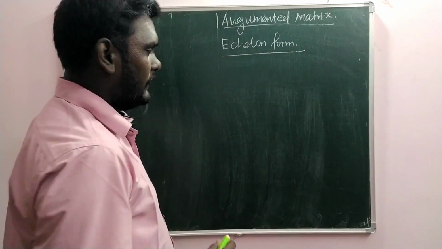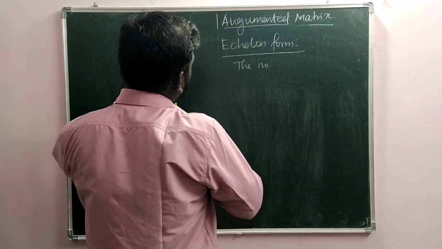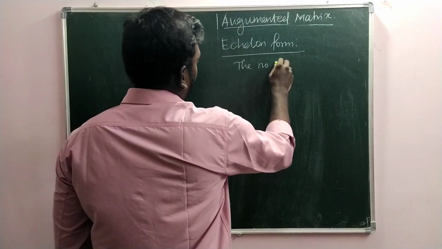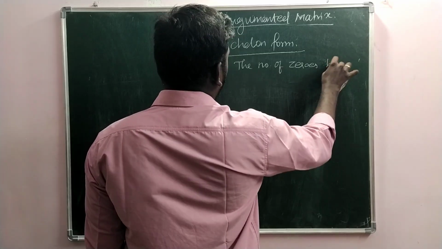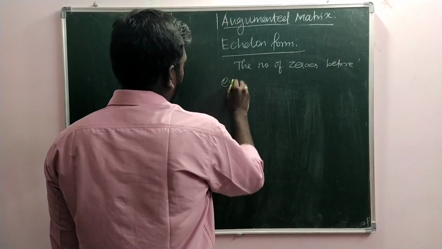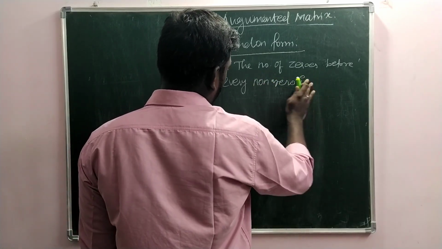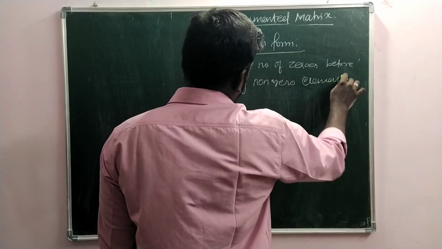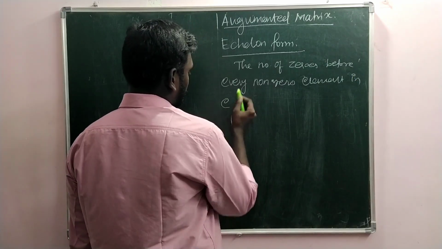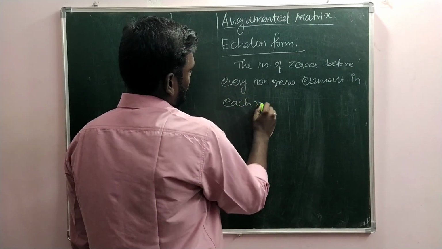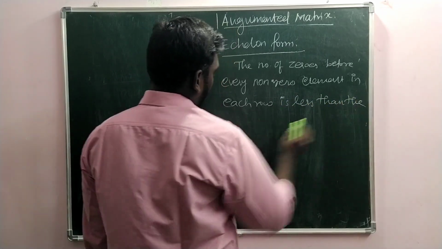The echelon form of a matrix is when the number of zeros before every non-zero element in each row is less than the previous row.